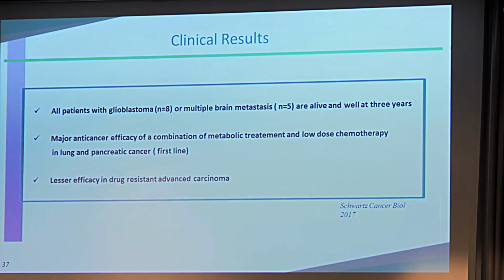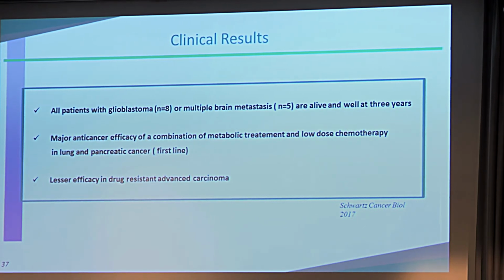So this is a paper I published close to a year ago. We have dramatic results in glioblastoma. We have dramatic results in brain mets. These and in patients with early stage 4 lung cancer and pancreatic cancer, but early in the history.